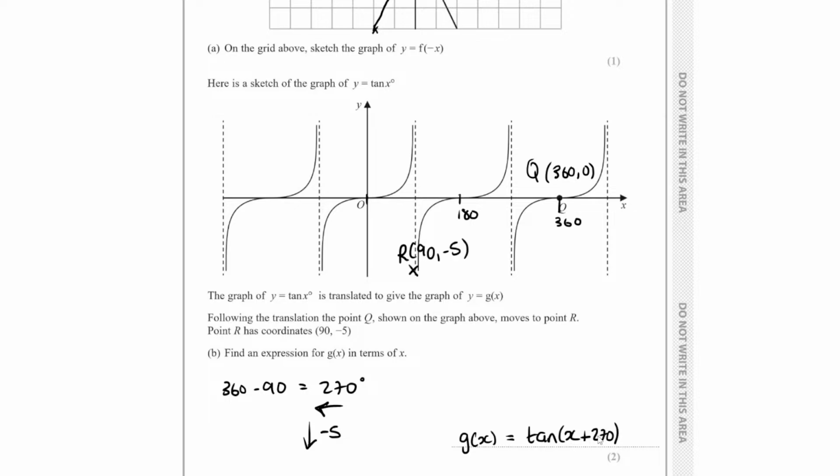So it's actually plus. That represents left. So you have to know that. Now, the y going down, a y-axis translation is outside the brackets, and it's taken directly as it is, which means -5. So you put tan in the brackets x plus 270, which represents going left by 270, and then outside -5, which represents going down by 5.